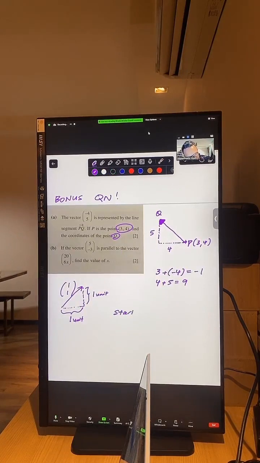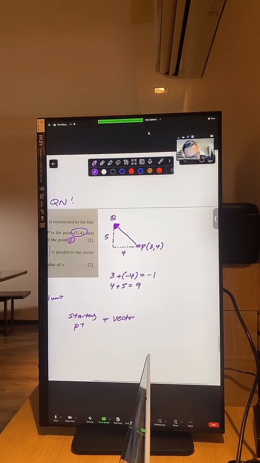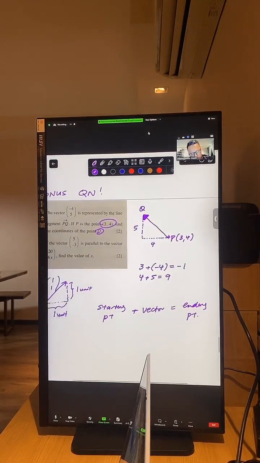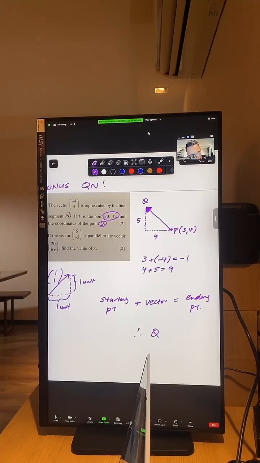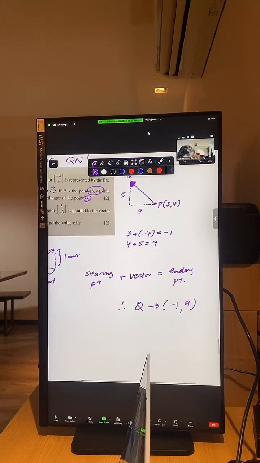Starting point plus vector equals ending point. So what is Q? Q is negative 1, 9. Negative 1, 9.